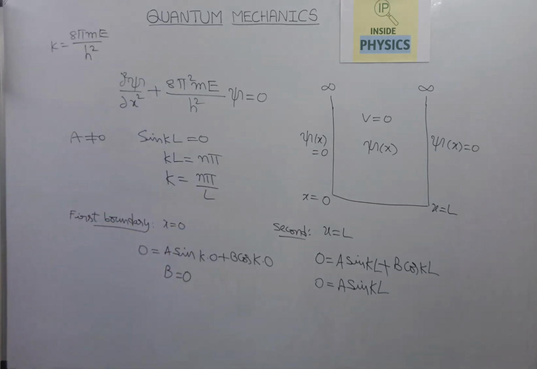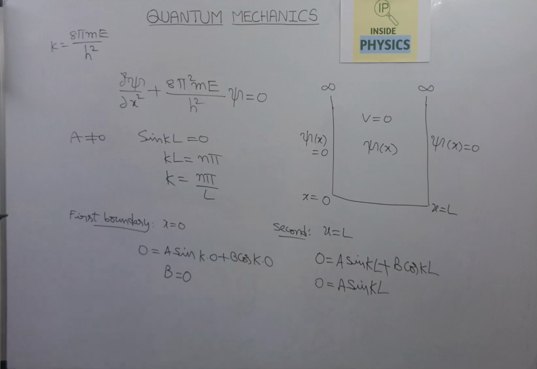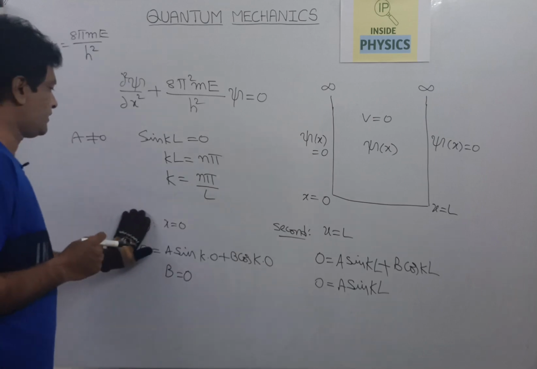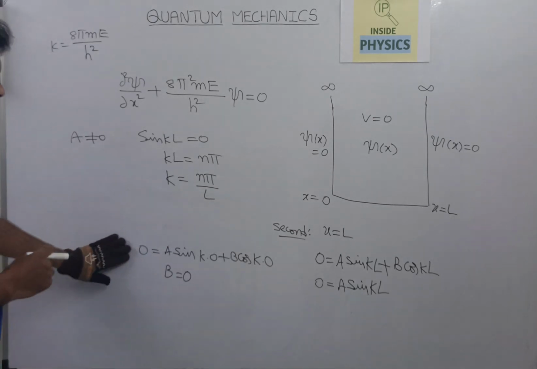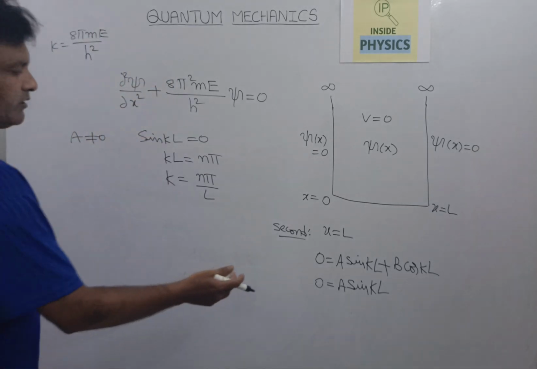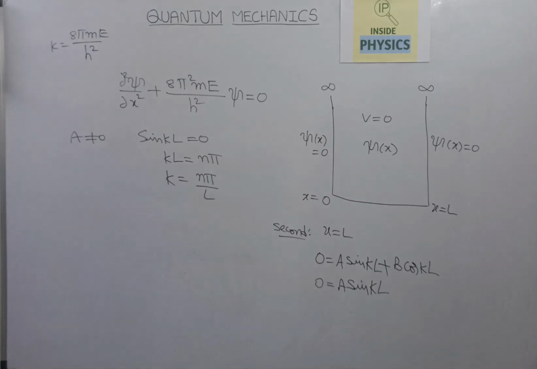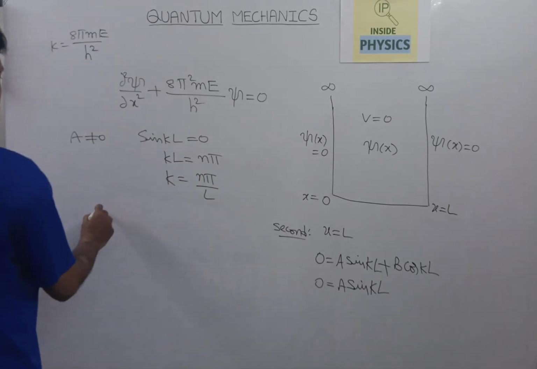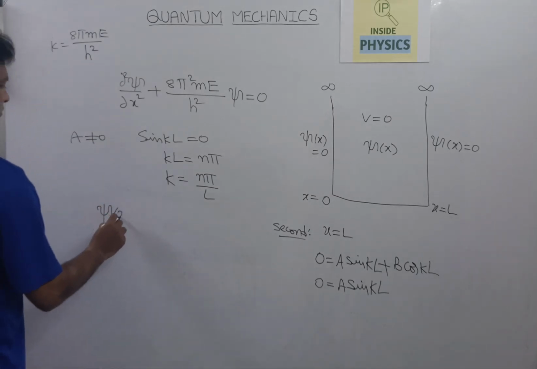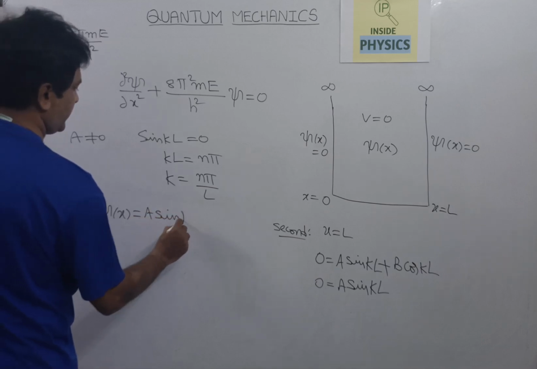Okay. With this value of k, the wave equation will become, write the wave equation. What is it that we got before that? Psi of x is equal to a sine kx.